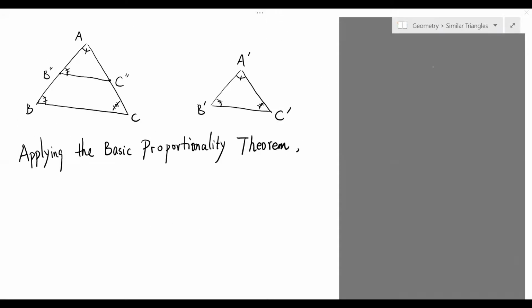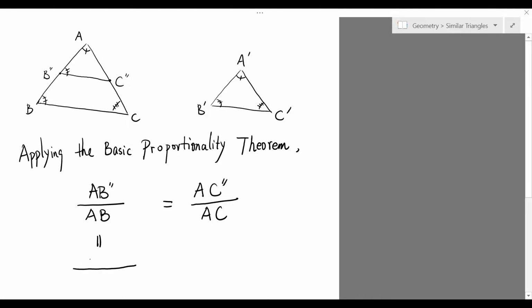Once we have B double prime C double prime parallel to BC, we can apply the basic proportionality theorem and conclude that AB double prime over AB is equal to AC double prime over AC. However, we also have AB double prime equal to A prime B prime.